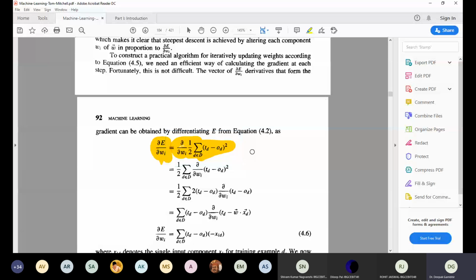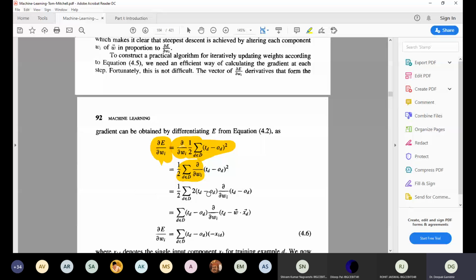Capital D is your training data. If we solve this, the summation and the differentiation are interchangeable, so the differentiation is taken inside and the summation outward.